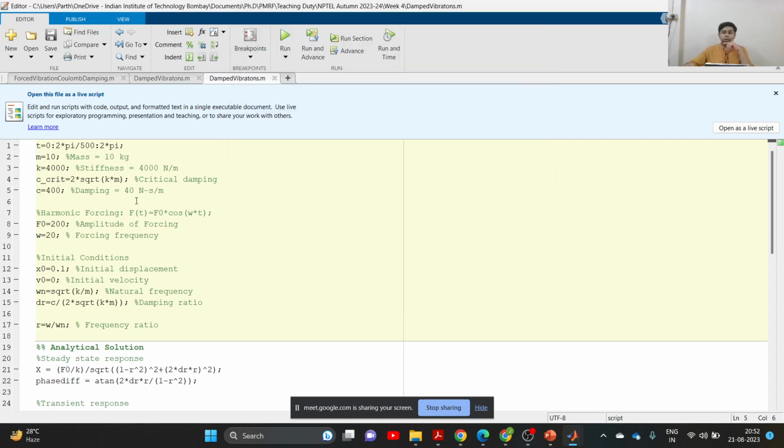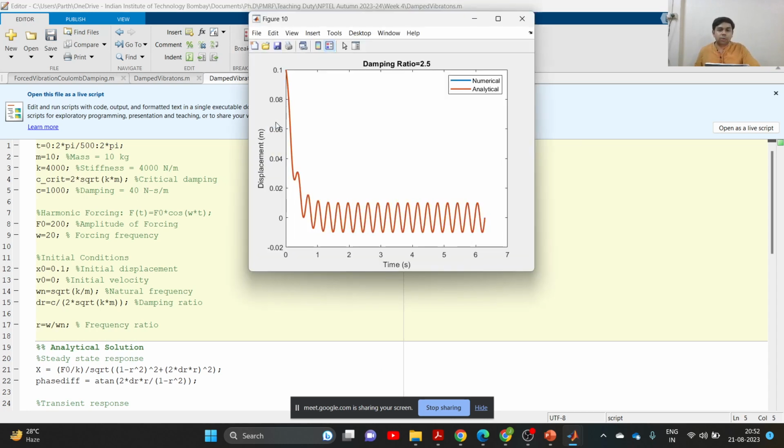And now if we make the damping 1000, then we can see that the response becomes something like this, where the system becomes very sluggish because of the very high damping ratio. You can see that the amplitude of forced oscillations decreases very significantly.